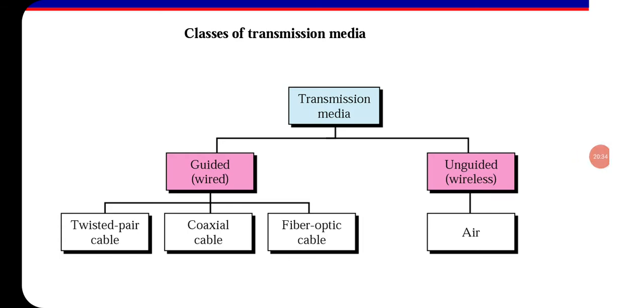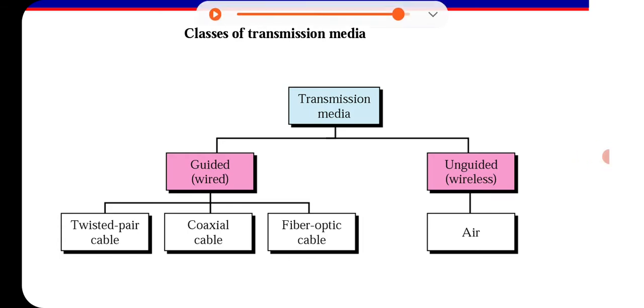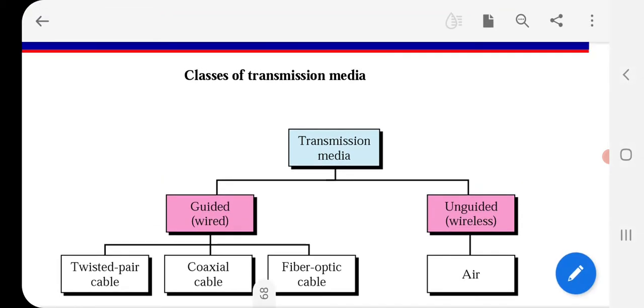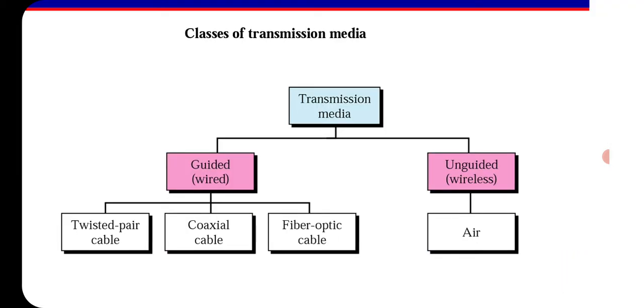So, what are the different types of transmission media or physical media available? Basically, transmission media are of two types: guided and unguided. Guided medium means wired media, whereas unguided means wireless media.